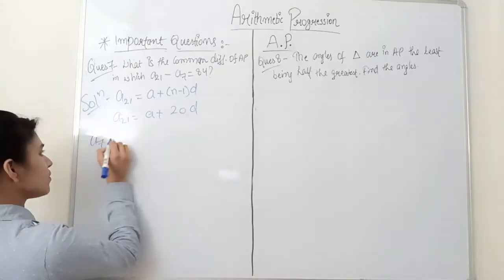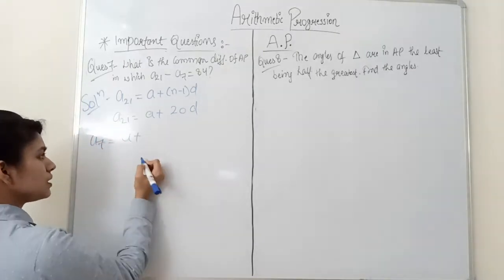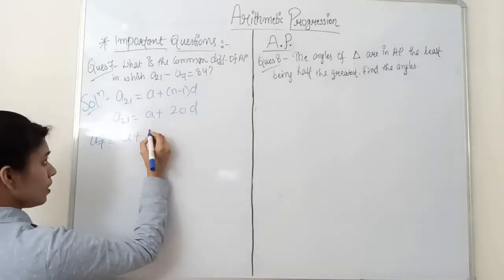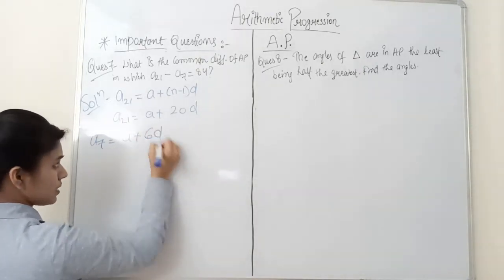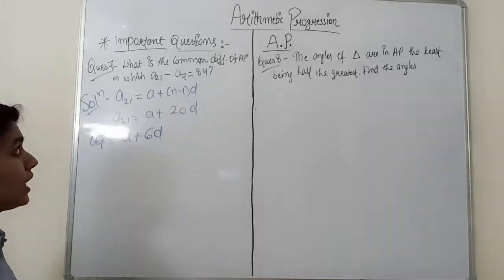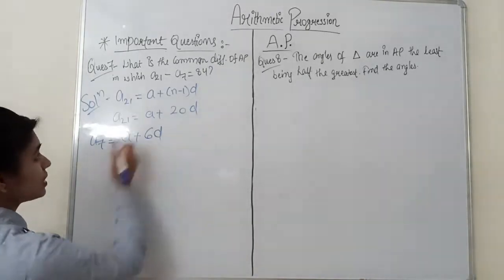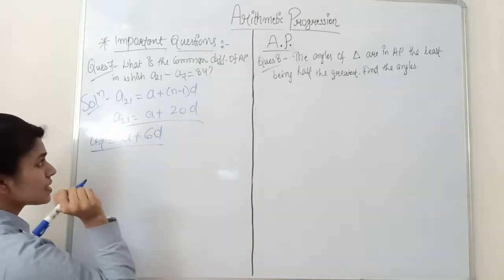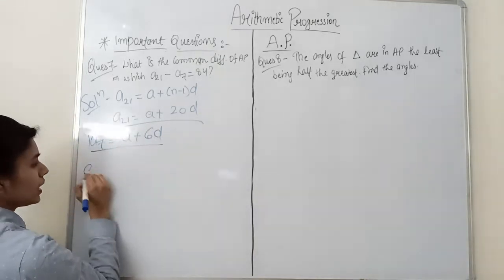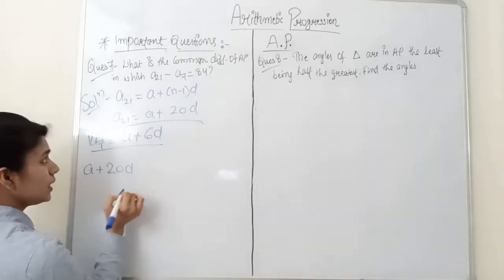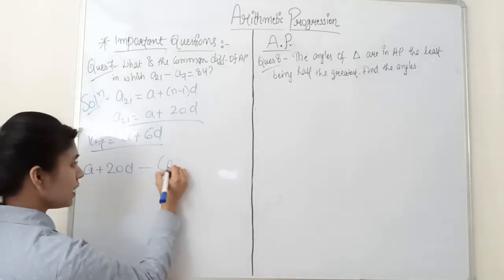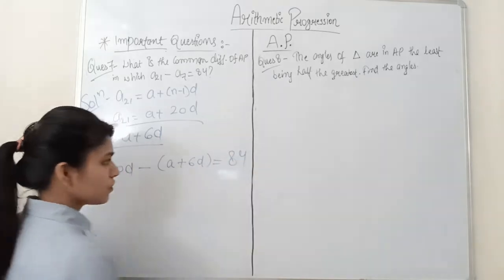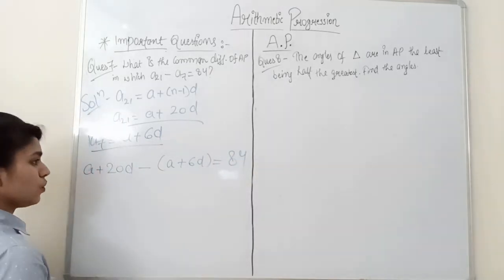What is A7? A plus n minus 1 into D. What is n? N is 7. So 6D. So A21 minus A7 is equal to 84. A plus 20D minus A plus 6D is equal to 84, already given in the question.